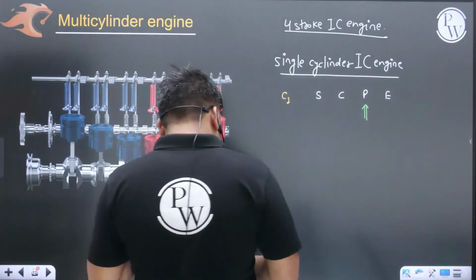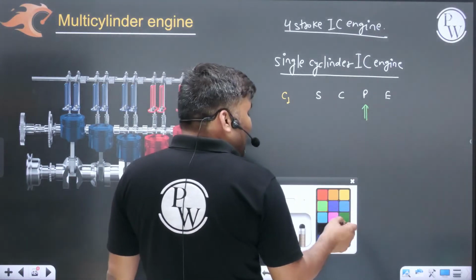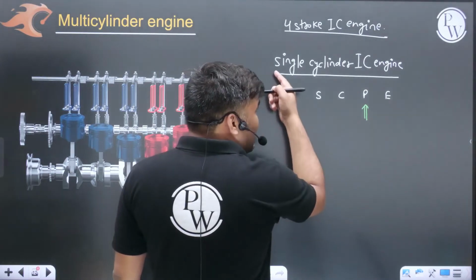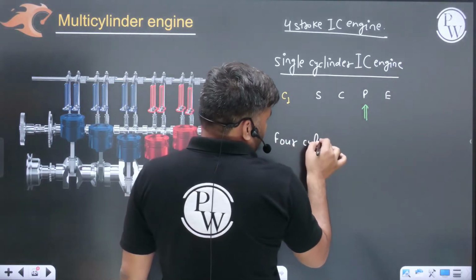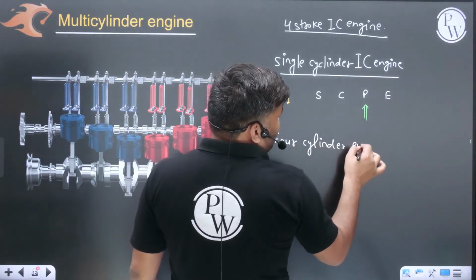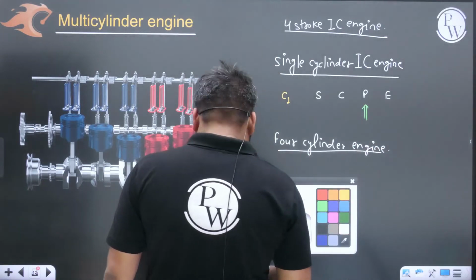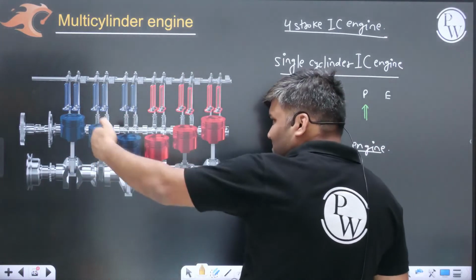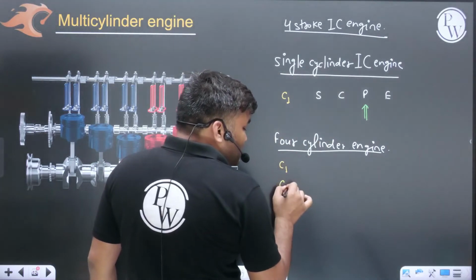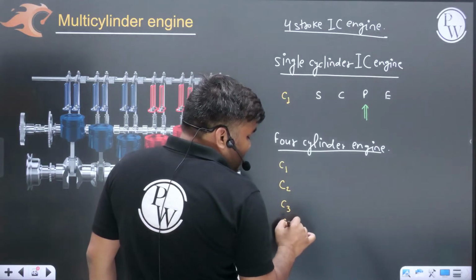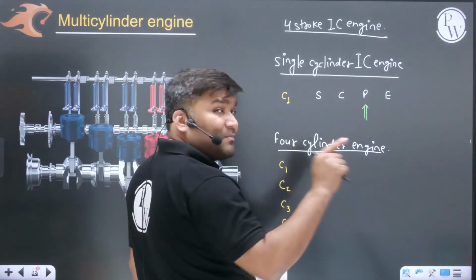Now, imagine if I have used a 4-cylinder engine, instead of a single cylinder. Same 4-stroke engine we are talking about. This time I have 4 cylinders. Suppose I have 4 cylinders, C1, C2, C3, C4, and all these cylinders are going to give power to the same crankshaft.